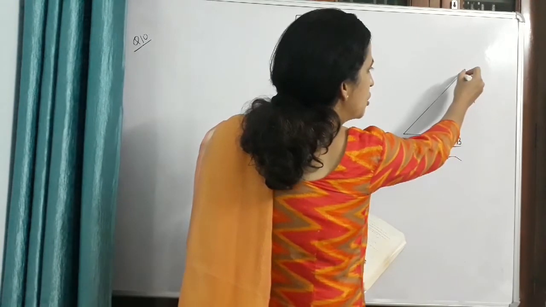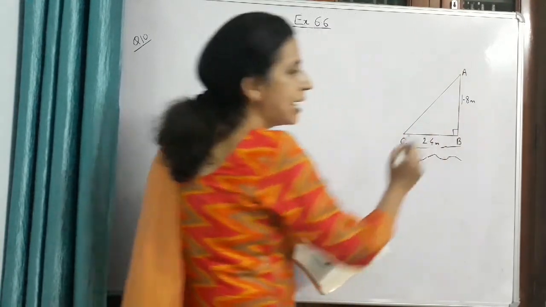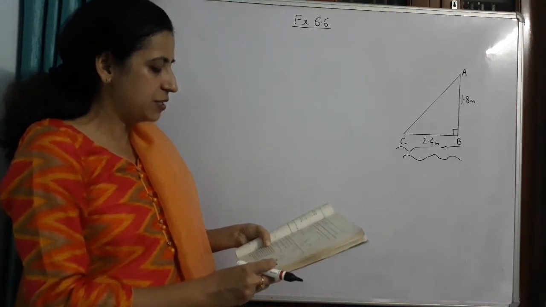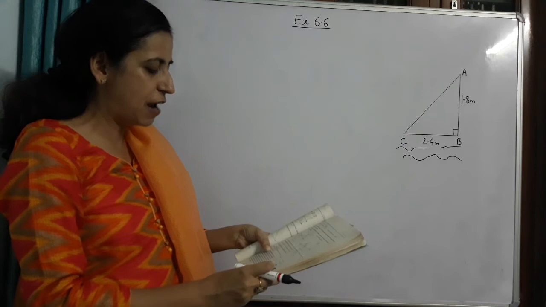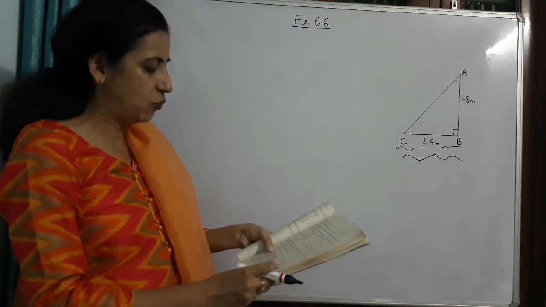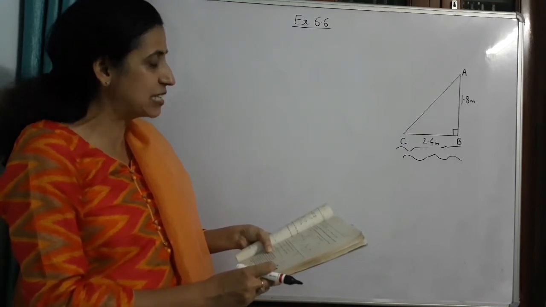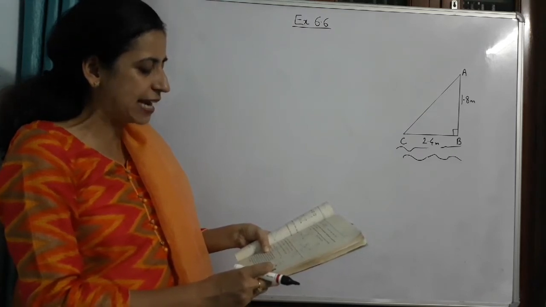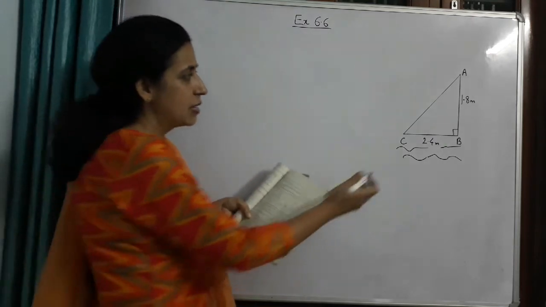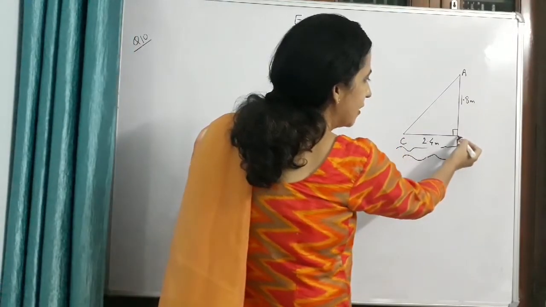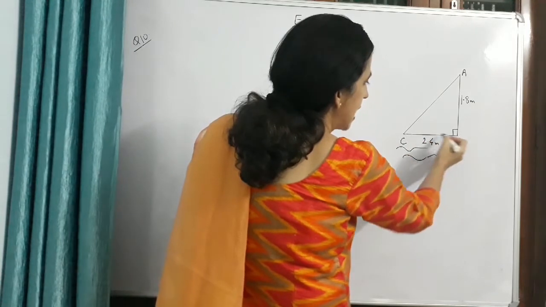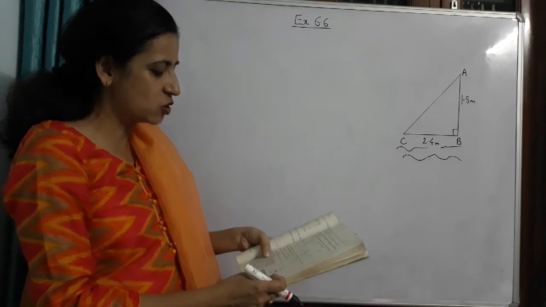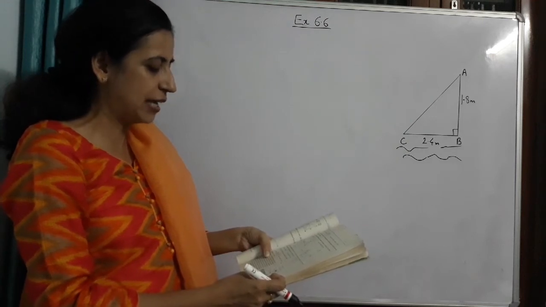The tip of her fishing rod is 1.8 meters above this surface of water, and the fly at the end of the string rests on the water 3.6 meters away and 2.4 meters from a point directly under the tip of the rod. So this is the point which is directly under the tip of the rod. This distance is given to us as 2.4 meters. Assuming that her string is taut, how much string does she have out?